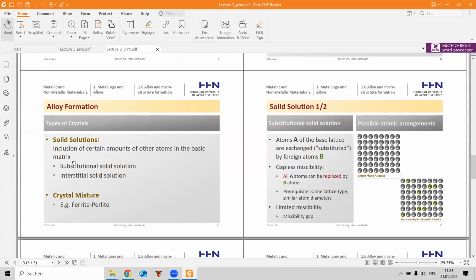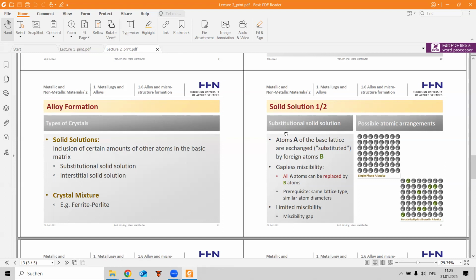In a solid solution, certain amounts of other atoms are included in the basic matrix. It can be a substitutional solid solution or an interstitial solid solution. A crystal mixture is, for instance, a eutectic, and we will see it later.